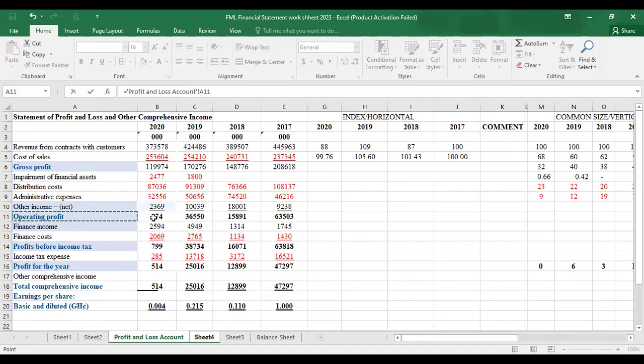Here we will pick this one, operating profit. Please, it's usually the same as profit before interest and tax. So if you don't see operating profit and in a financial statement you see profit before interest and tax, it's the same as the operating profit.